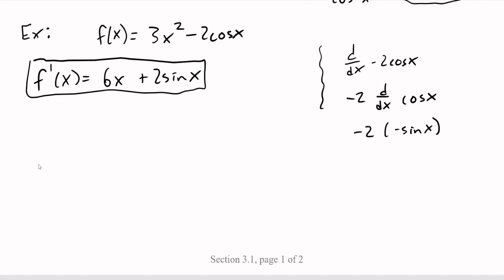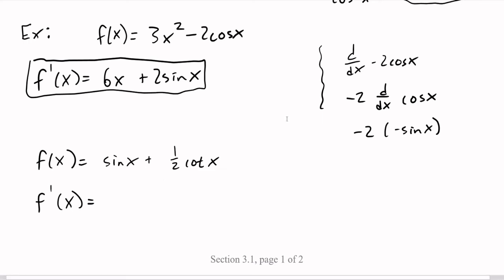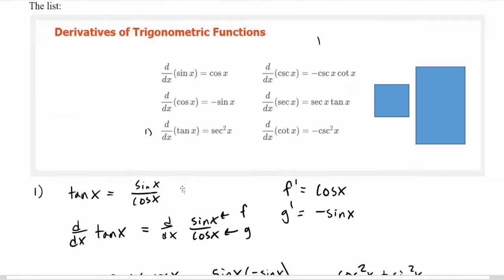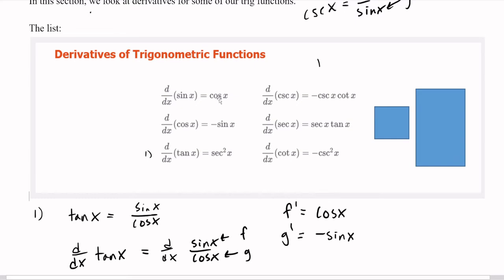Okay, let's try another one. How about let's let f of x equal sine x plus 1/2 cotangent x. Okay, so again, f prime, we've got a sine and we've got a cotangent. So you could do these separately. So just go back here, sine, cotangent, sine, cotangent. Sine is cosine, okay.